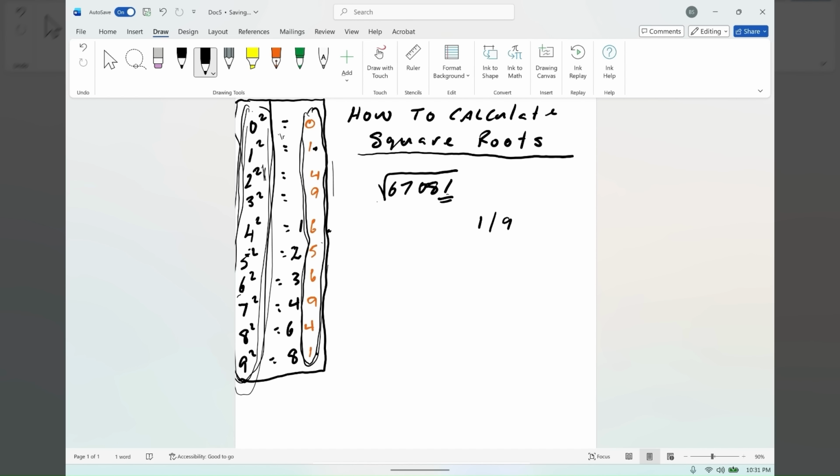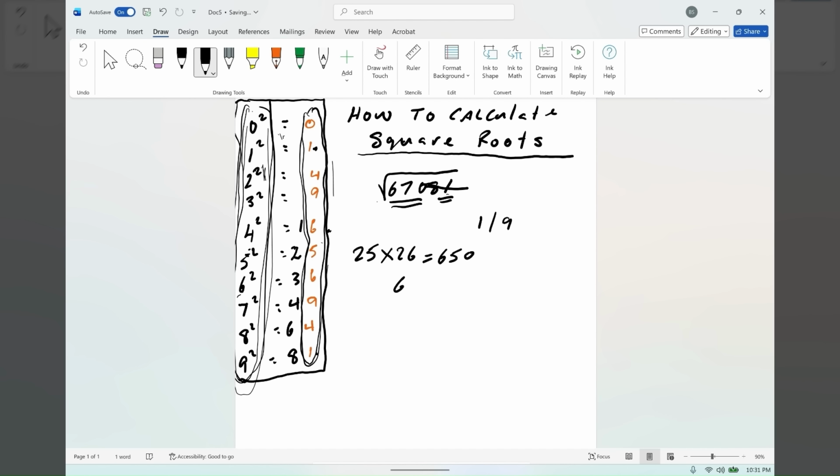Now cross these last two digits out, and let's concentrate on 670. I know that 25 times 25 is 625, which is the closest one below 670. So I know I have 25. If I multiply 25 by 26, I will get 650.